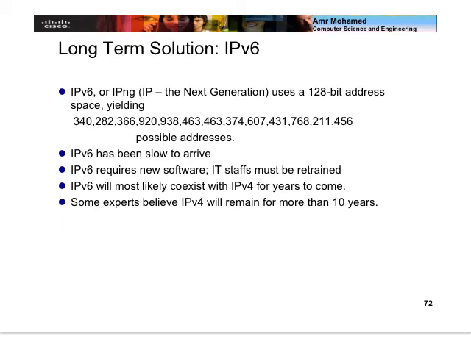Here, this is a fundamental change. It's going to change the whole protocol from scratch. That's why the adoption of IPv6 has been very slow. Because in order for you to use IPv6, everybody has to work on IPv6. All the routers have to be IPv6.